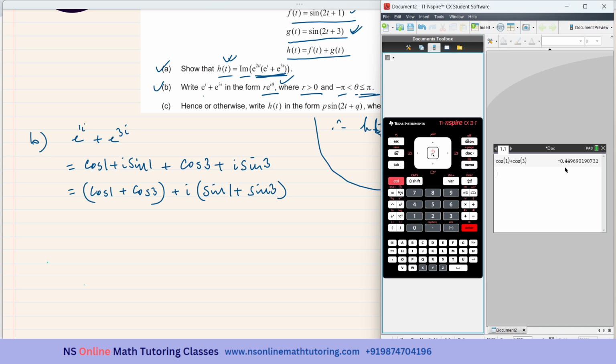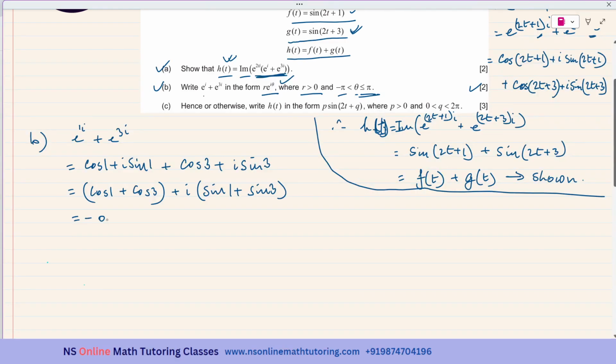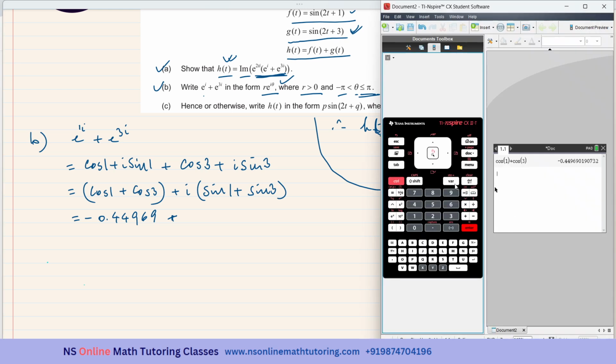So this is negative 0.44969 I am taking. Okay, don't take two answers till correct to 3 significant figures because this is not the final answer that we are giving. So I am writing negative 0.44969. So negative 0.44969 plus, let us find sine 1 plus sine 3.